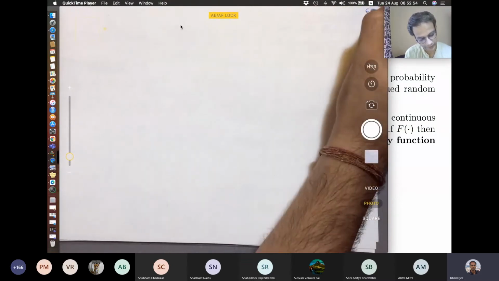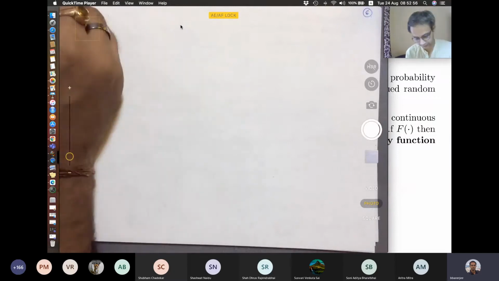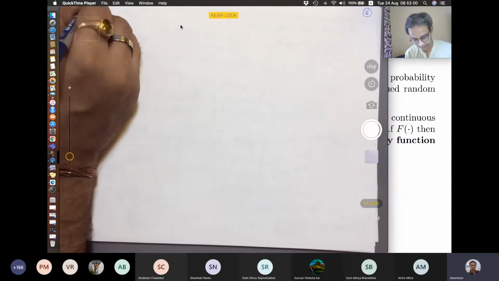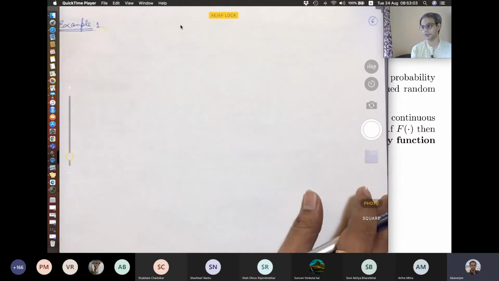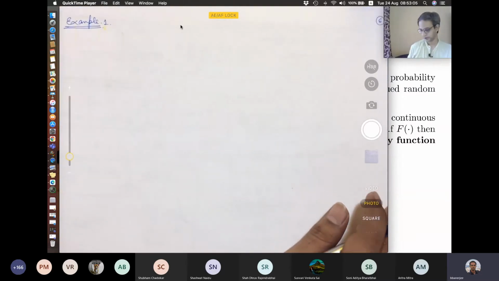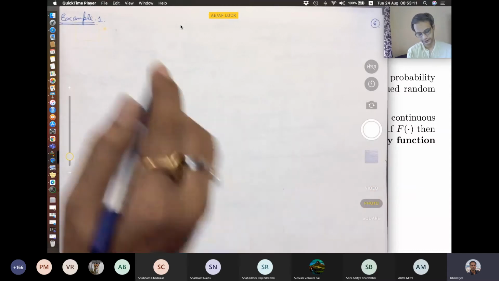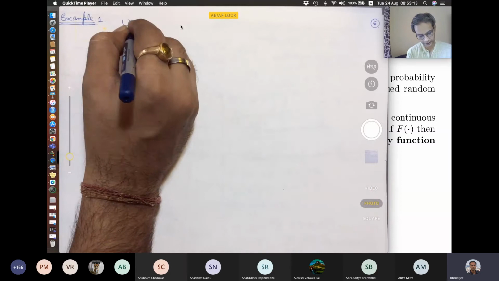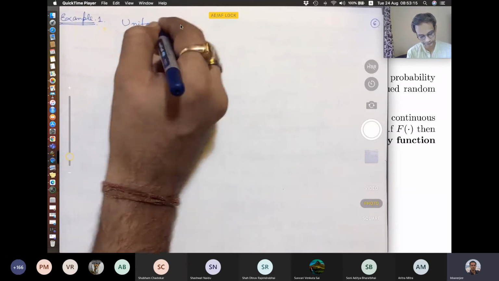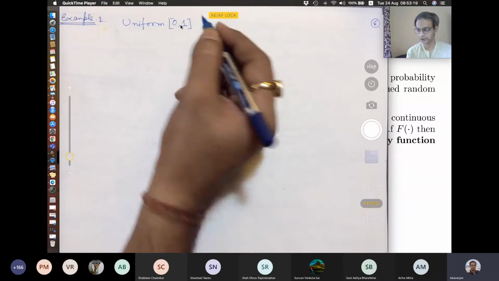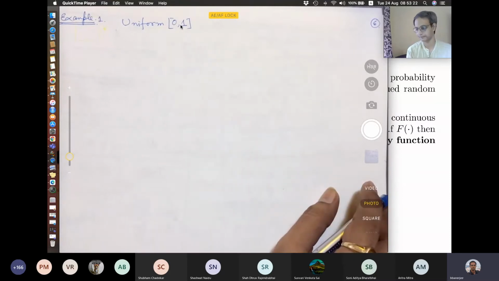So first of all, an example. Let us talk about the uniform 0-1 distribution. That is the fundamental distribution. This is the source of everything.